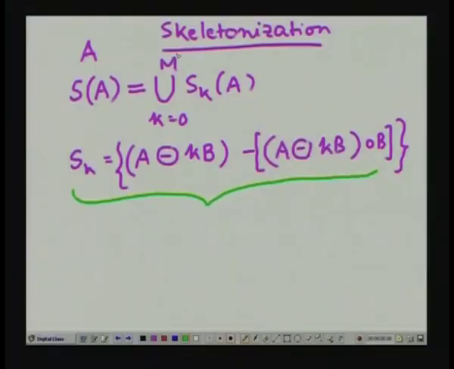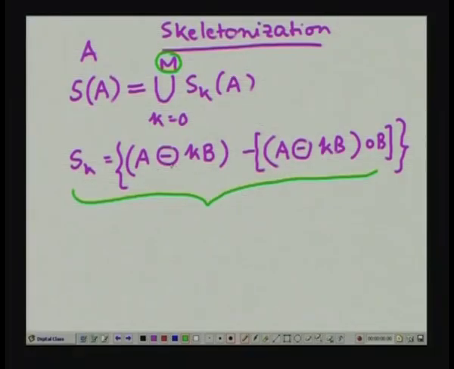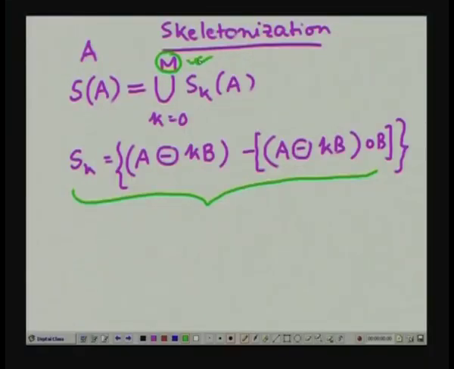Now, this capital M in this particular case indicates the last iterative step. Here, when I do A eroded with kB, this indicates that A is eroded with the structuring element B for successive k number of times, and this capital M indicates the last iterative step before A erodes to an empty set.